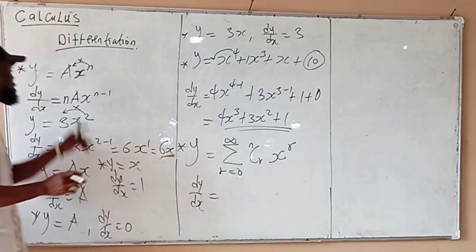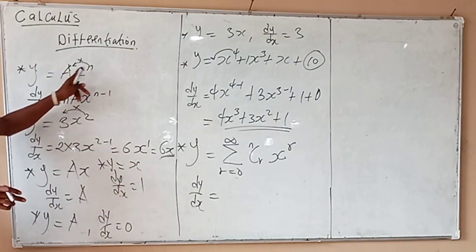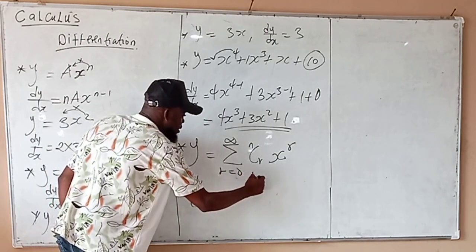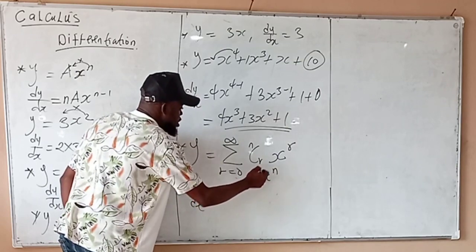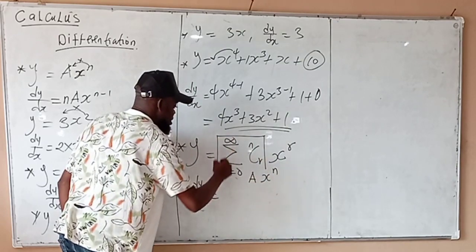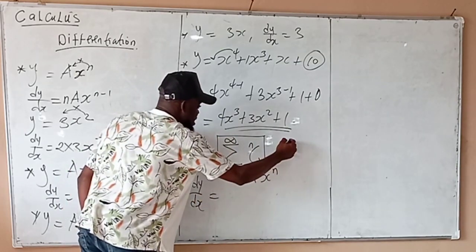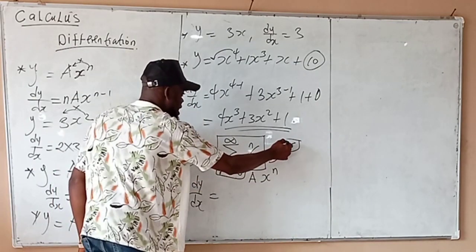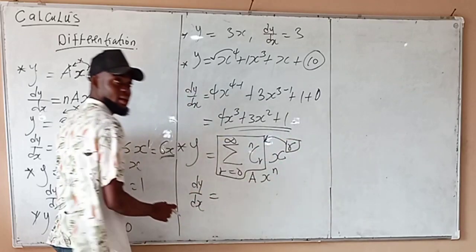So for a polynomial function, we use the power to multiply the coefficient, and we remove 1 from the power. This one is of the form a f to the power n. This one is acting as a, and this one is acting as n. So what we are going to do is use this n to multiply this and remove 1 from the n.